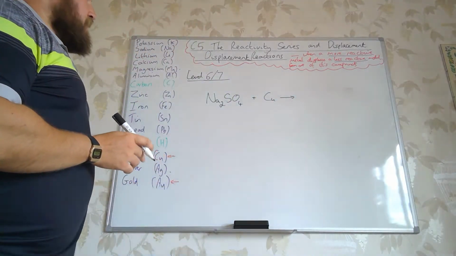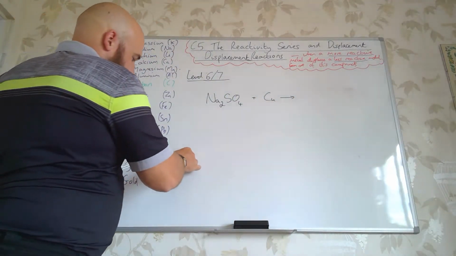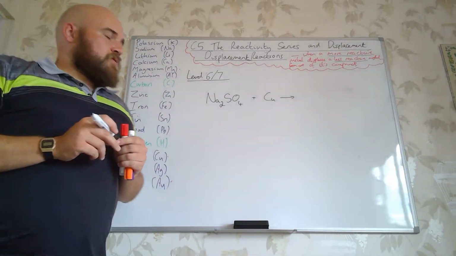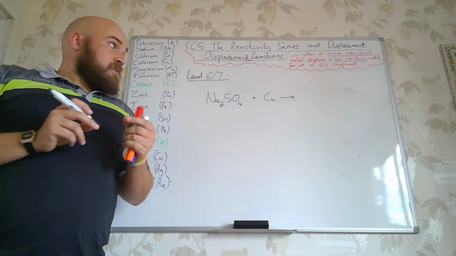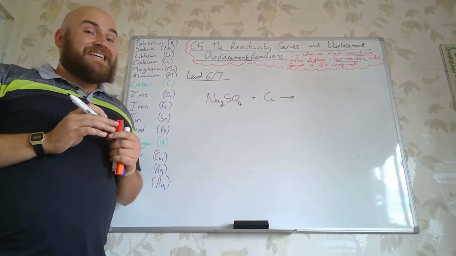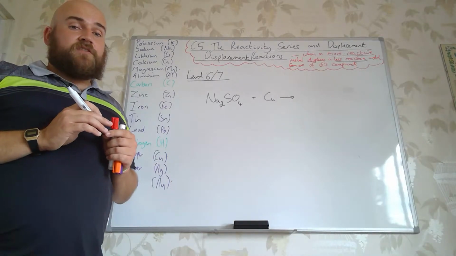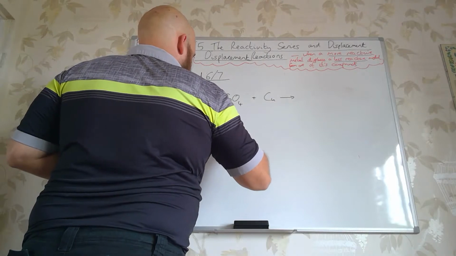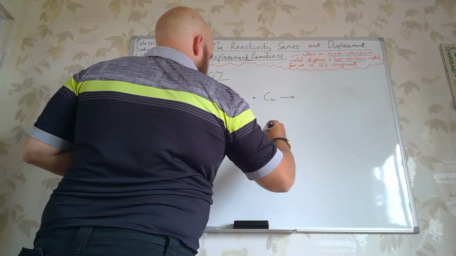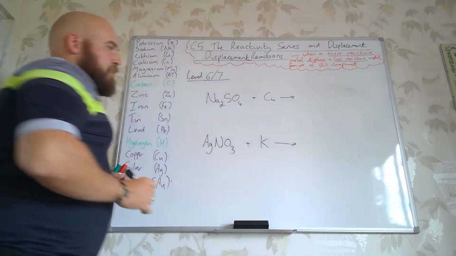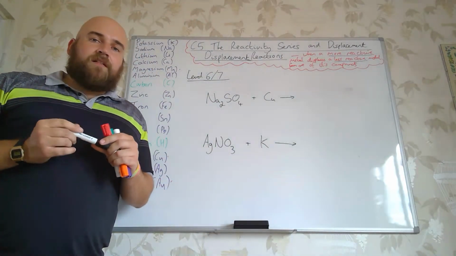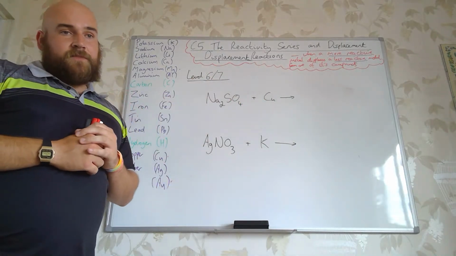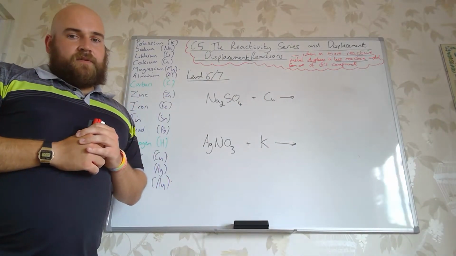So I've got symbols now, and thankfully you don't need a periodic table for this because I've got the symbols next to the various different metals here. So could you complete that equation if you think it is going to happen, and if it does, what will it look like? And then have a go at the one afterwards as well. If you don't think these happen, just write the words no reaction. So will these reactions happen? And if they do, complete the equations and make sure they're balanced. All right. So I'll give you a couple of minutes to have a go at this.